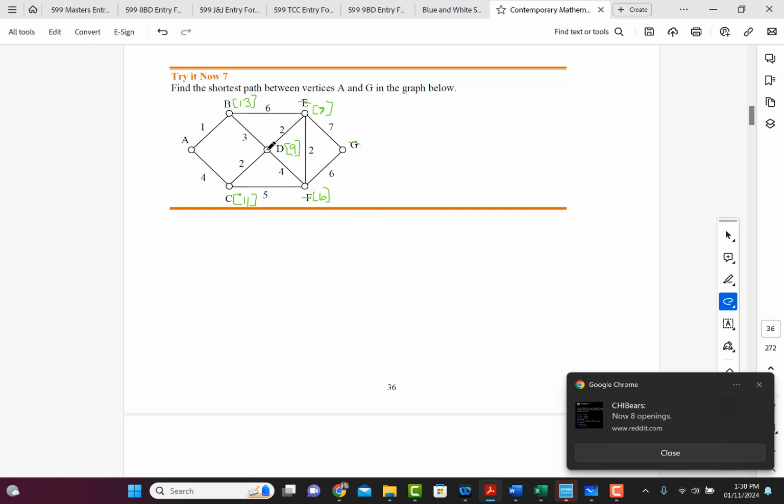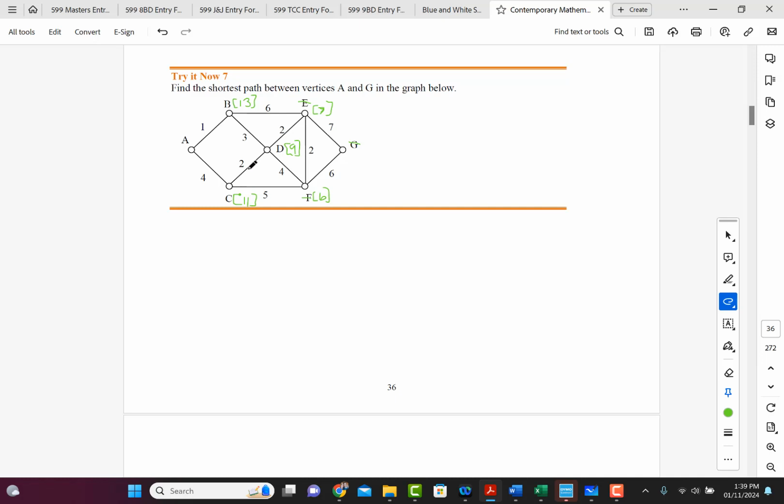From there, we've got B and C. B to D is 3. So if we add 3 to 9, we get 12. Well, 12 is smaller than 13. So we're going to replace the 13 with a 12.